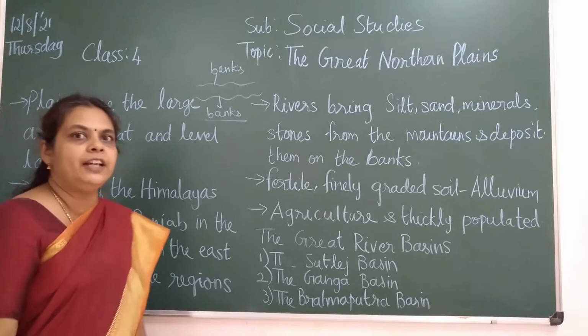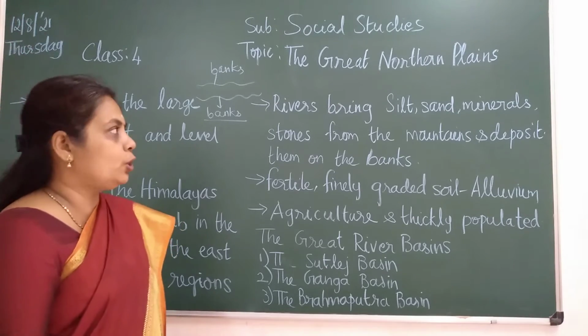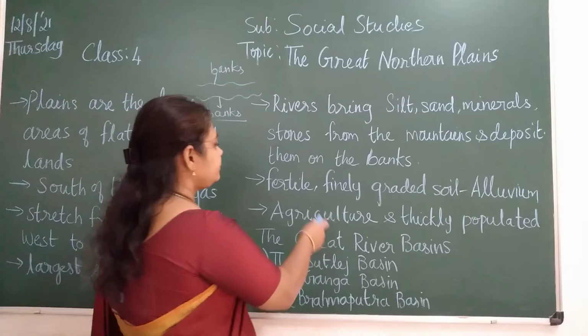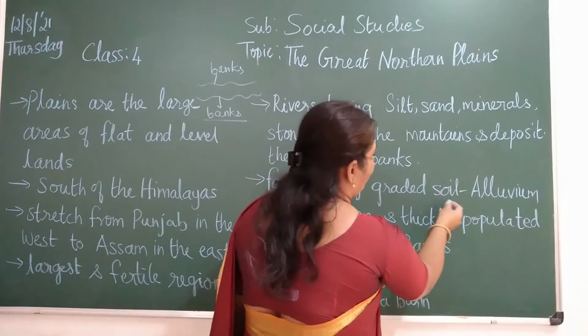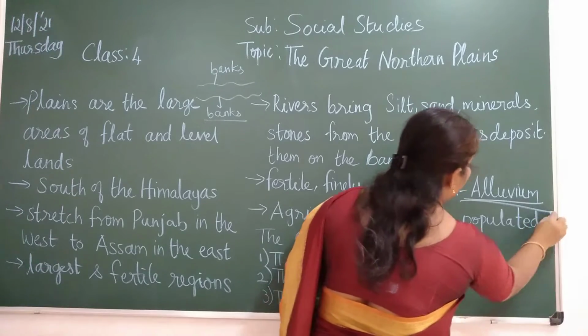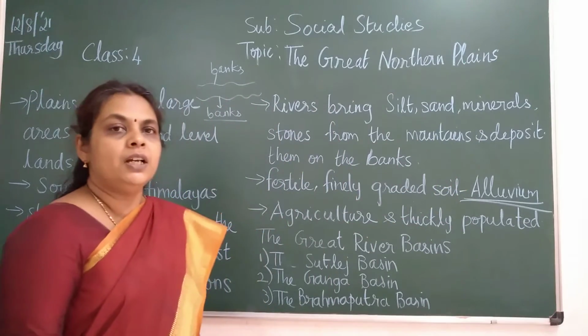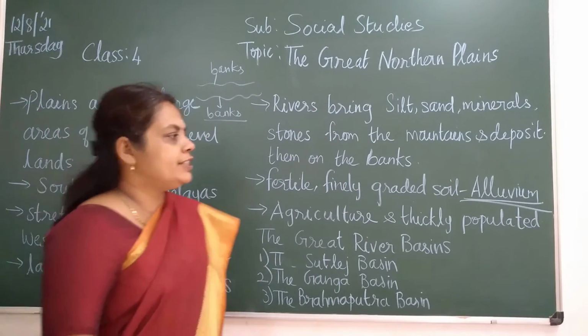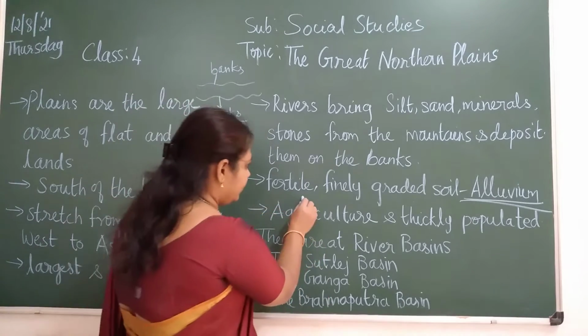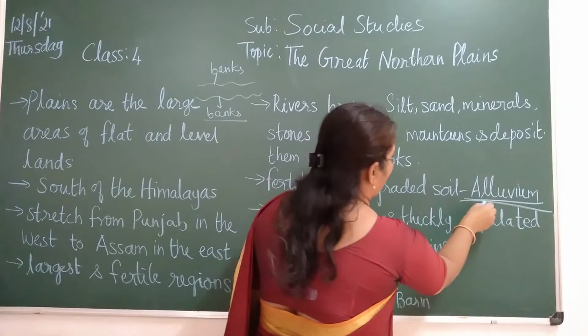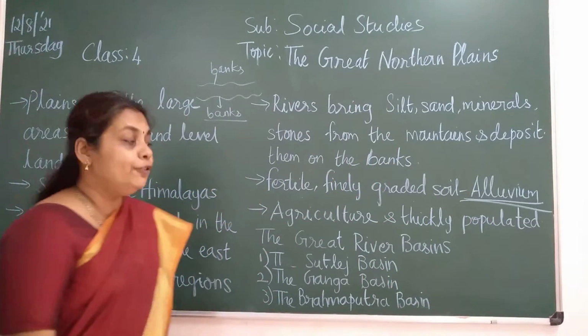As water is available, you can produce more quantity. And this fertile, finely graded soil is called alluvium, children. We generally learn it as alluvial soil. This fertile, finely graded soil is called alluvium.